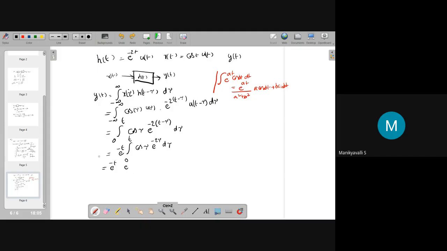Here it is e to the power of 2t, right? Tau. Here it is plus.